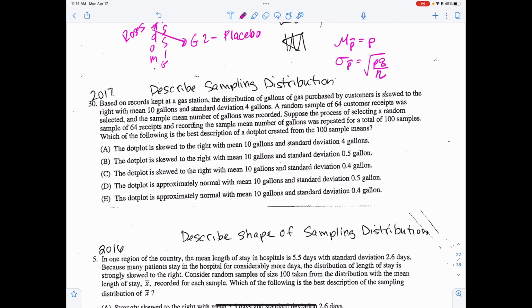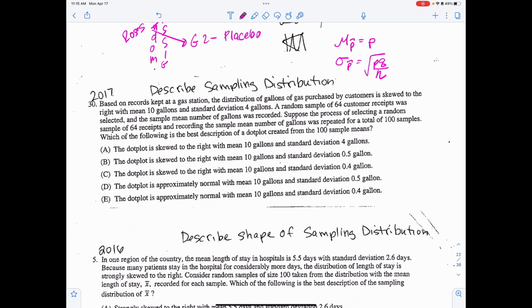And for means, I'm going to go down here in a bit. Remember, when both np and nq meet the conditions, that's going to be approximately normal.